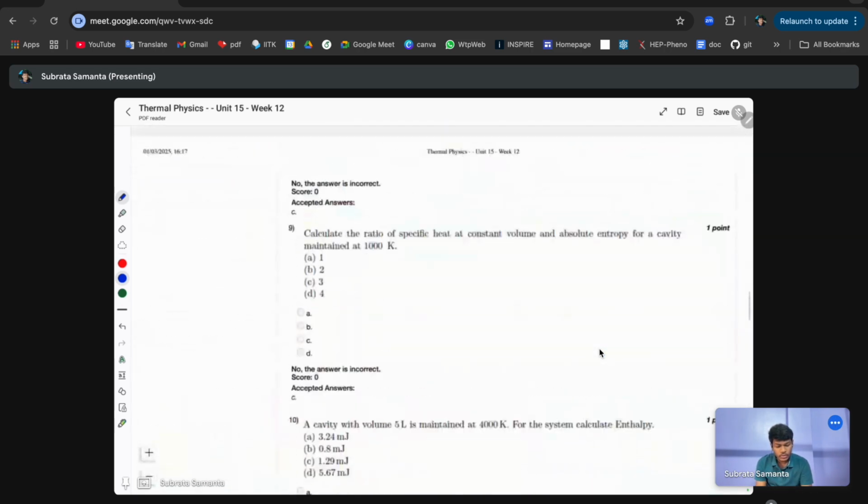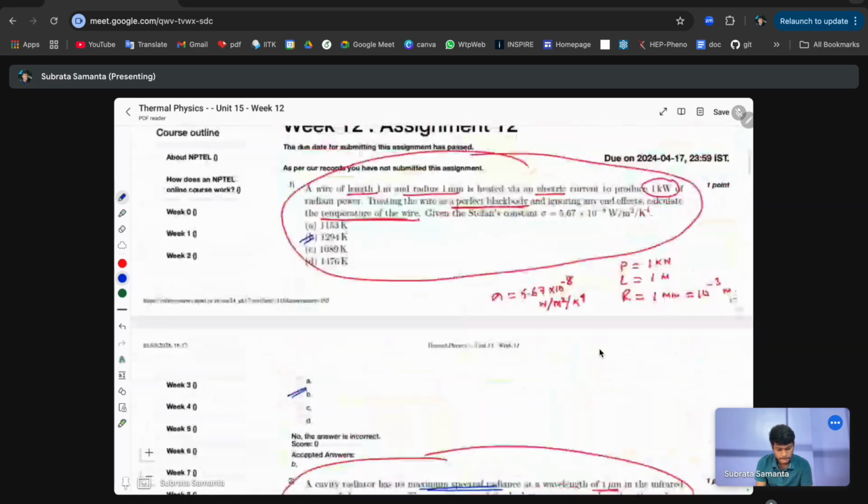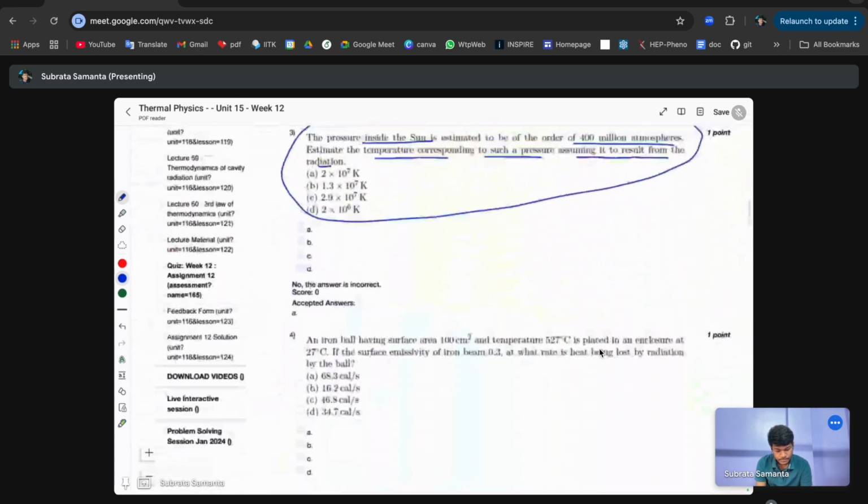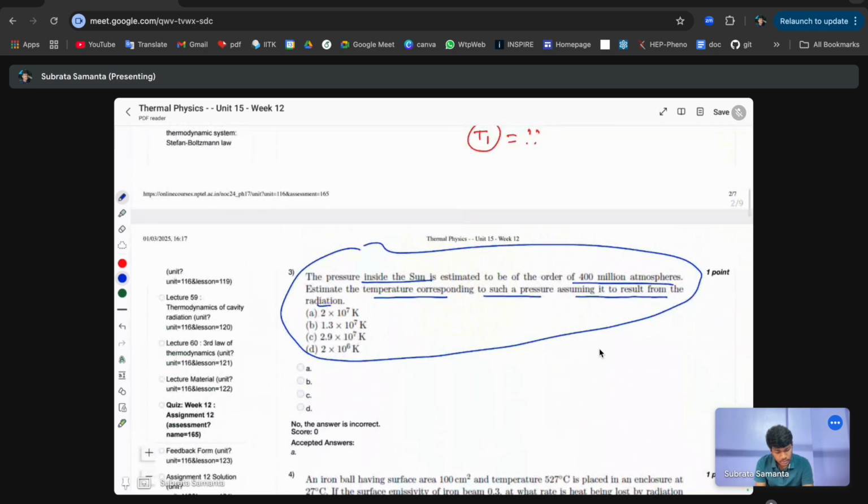So now you go back to the problem. In the problem the pressure small p is 400 times 10 to the power 6 atmosphere. Estimate the temperature corresponding to such a pressure, assuming it results from the radiation.